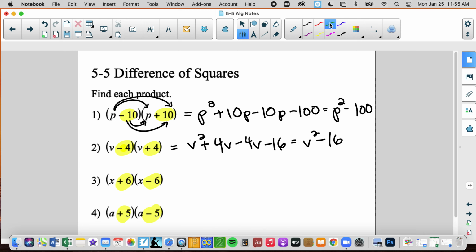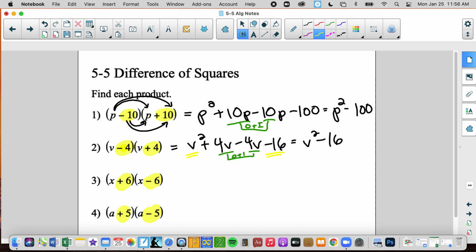And at this point, we should notice that our outsides plus our insides are going to cancel. They end up being opposites as well. Positive 4v, negative 4v makes 0. So we're left with our first and our last.